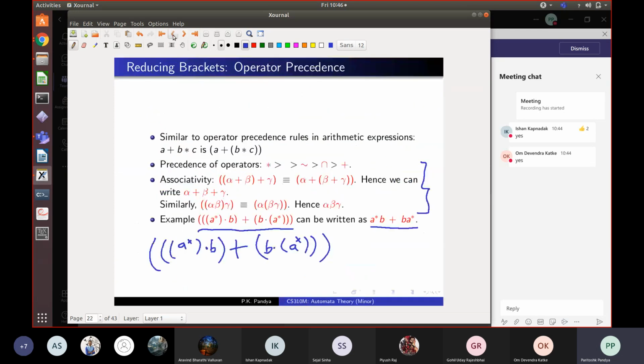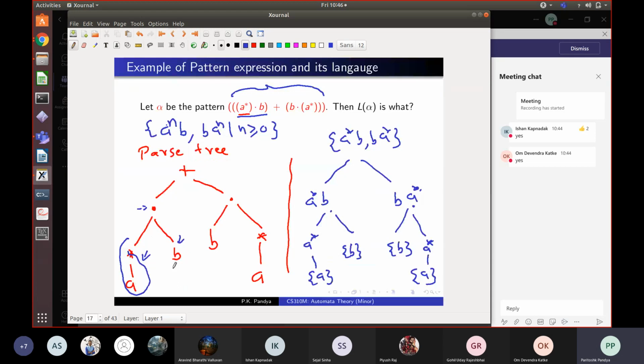We first calculated the language of the leaf expression, which was this language containing a single word A. Then we constructed the language for the next higher node, which was A star, and then we calculated the language for this leaf expression B. And then for this dot, for this subtree, we calculated the language by composing the languages for the left subtree and the right subtree using the catenation operation, right? So we went bottom up constructing the language.